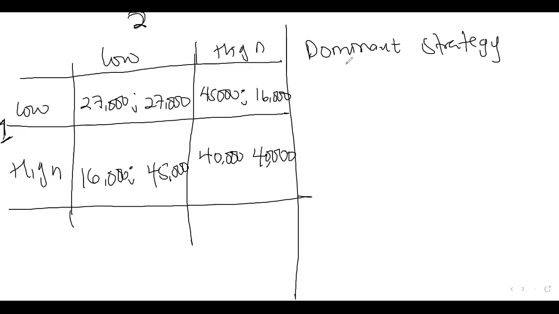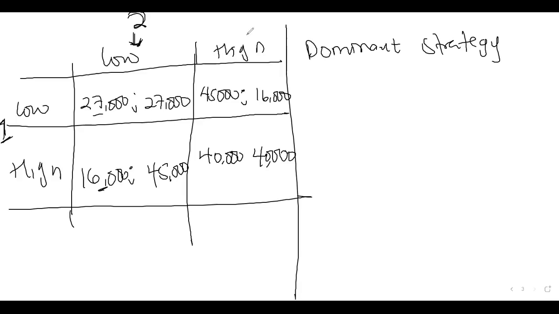Okay, so here, we will hold firm two at low, okay? If we hold firm two at low, the best response for firm one is low because 27,000 is better than 16,000.